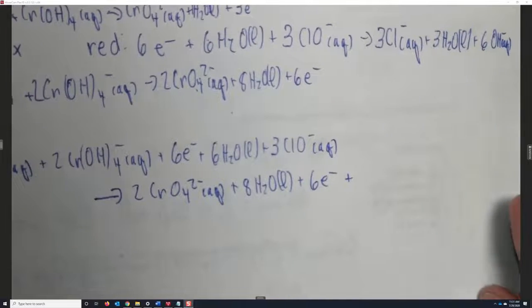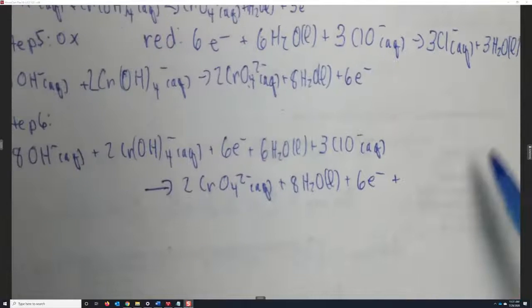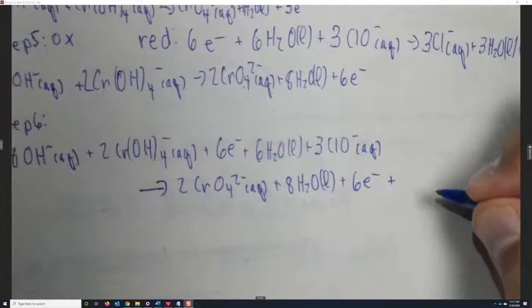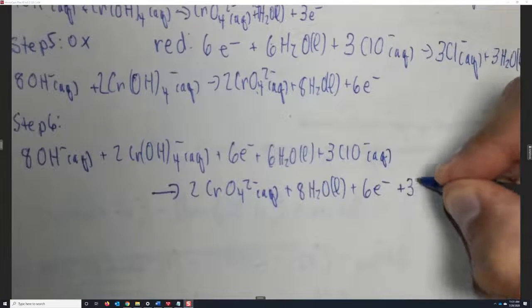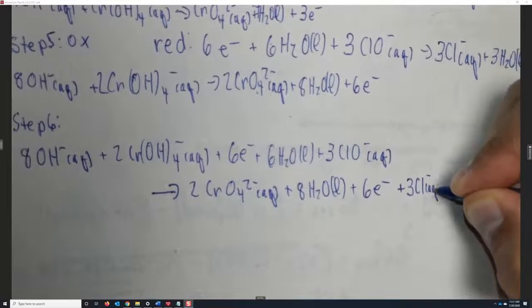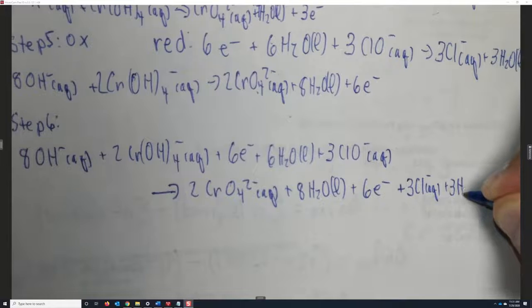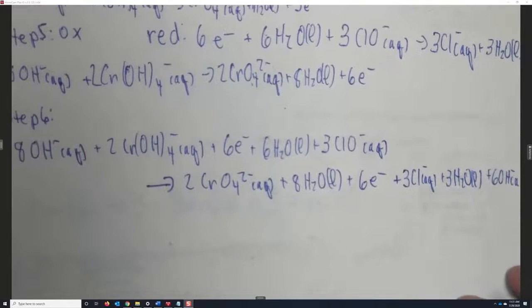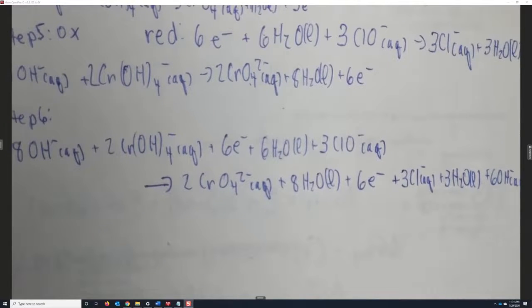You can't see everything of the products, but they're there, and I can see them, so I'm just going to write them down here for us. Plus 3 Cl minus aqueous plus 3 H2O liquid plus 6 OH minus aqueous. All right, and we can kind of see everything on the same screen.